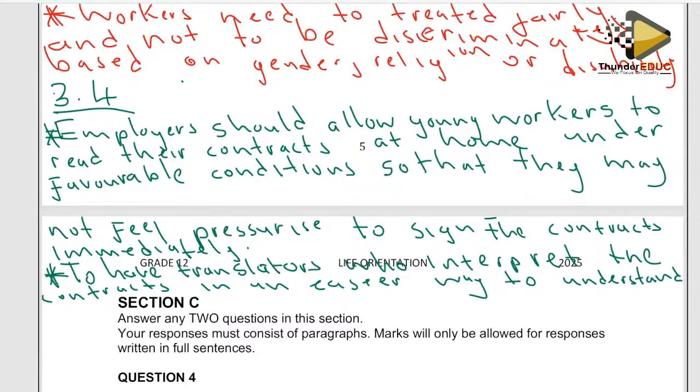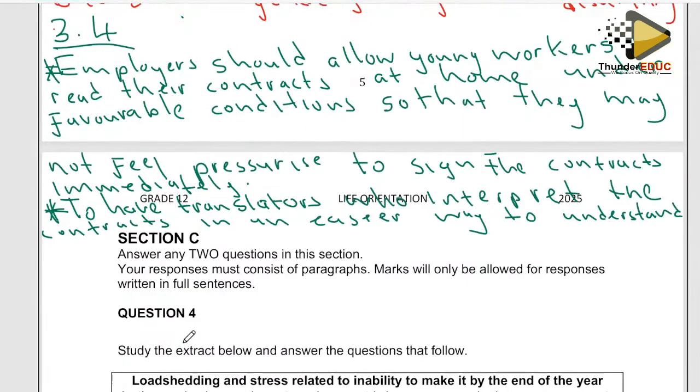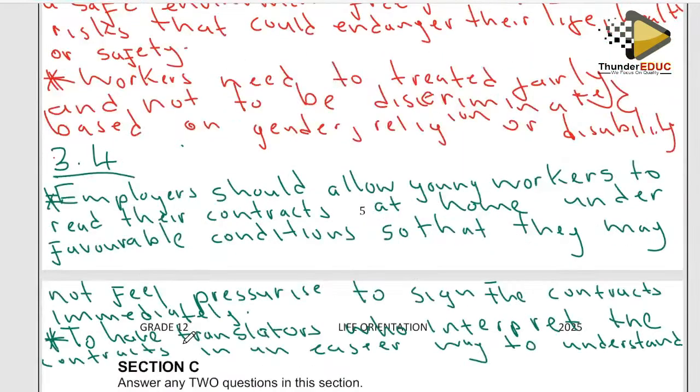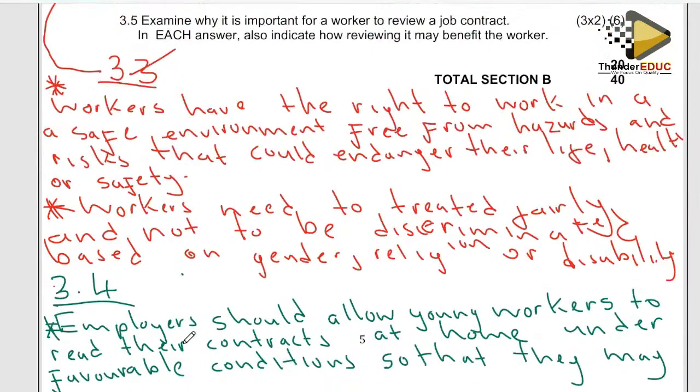Contracts are usually complicated documents which use legal language or legal jargon, which can be difficult to understand. So there must be translators who can interpret that legal language so that our young people would know exactly what they are signing up for.